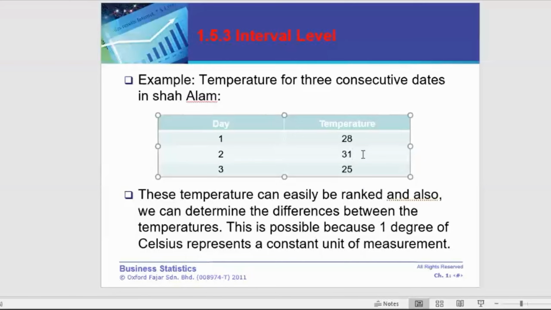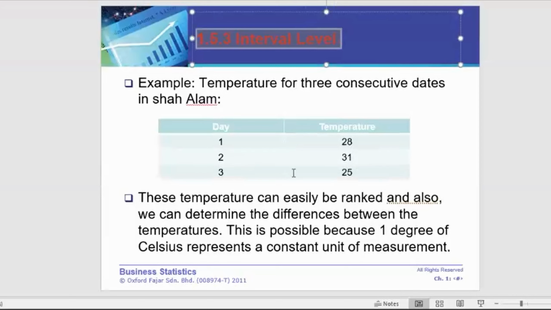And also between 31 degrees and 25 degrees, we can understand the differences between the degree levels in the temperature; it's the same. As I mentioned, when we say that 26 is higher than 25, the level is similar to when we say 27 is higher than 26, especially in temperature data. So the most famous example of the interval level is Celsius or the temperature degrees.